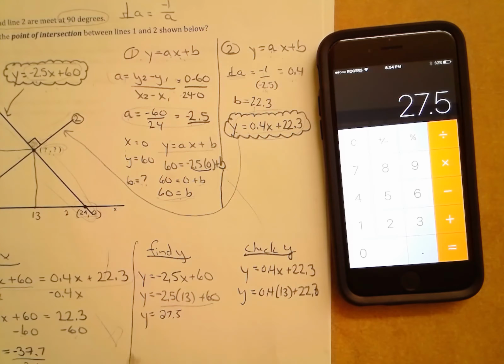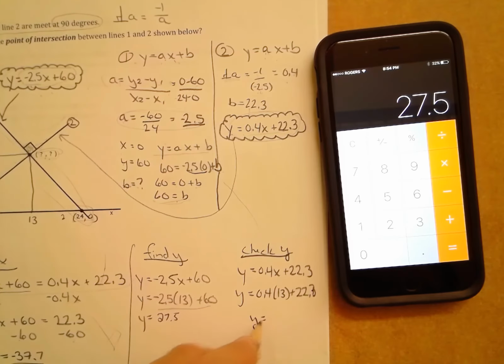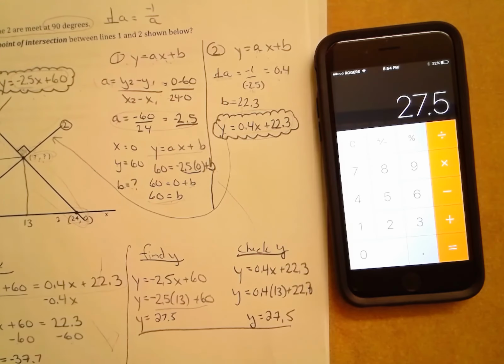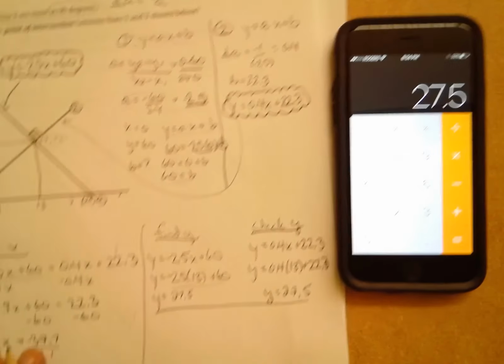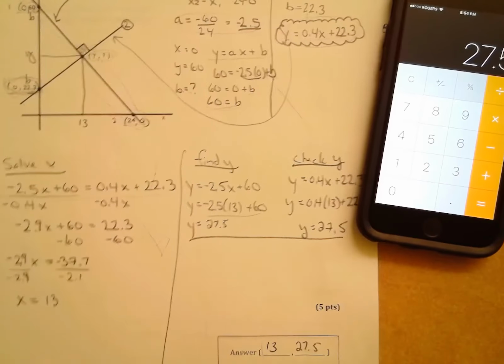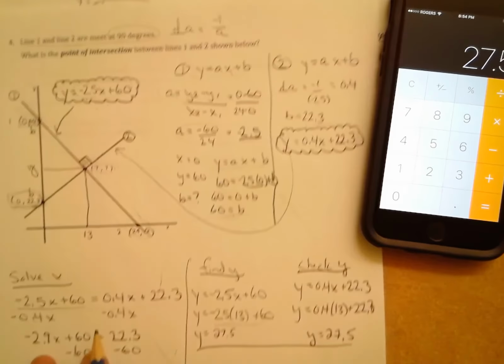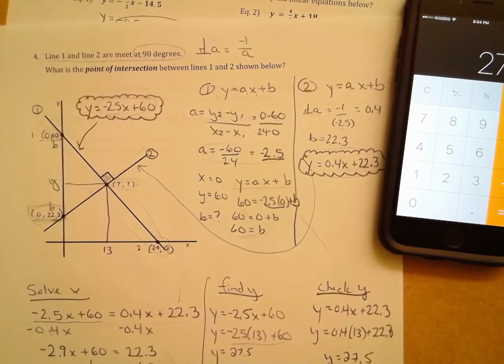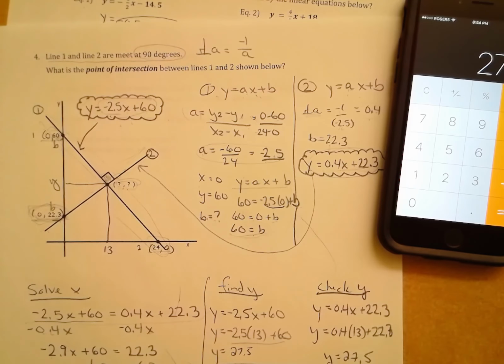Hey, and there you go, 27.5. So we have verified that those two y's are the same when the x is 13, which means we now know our answer for sure of that location is 13 for the x and 27.5 for the y.